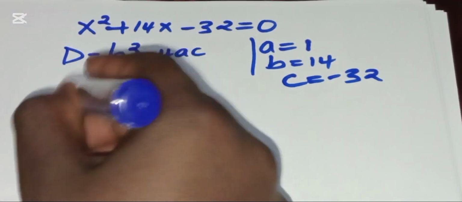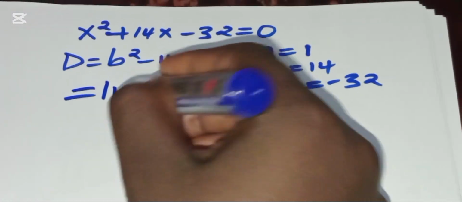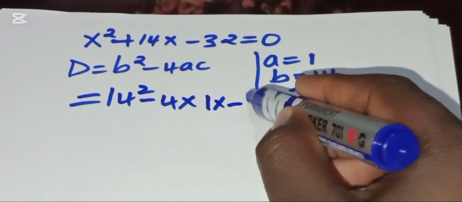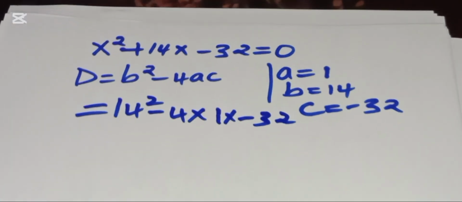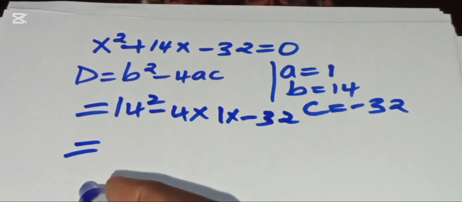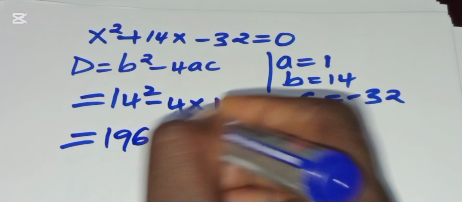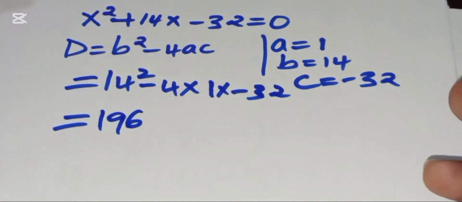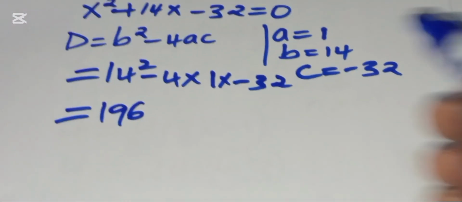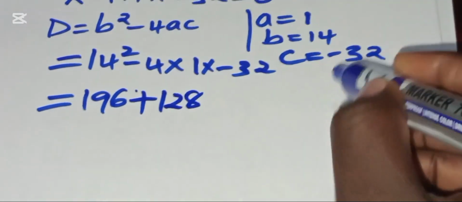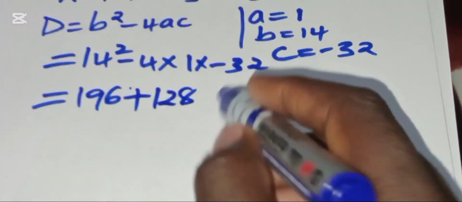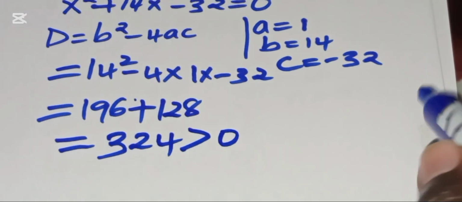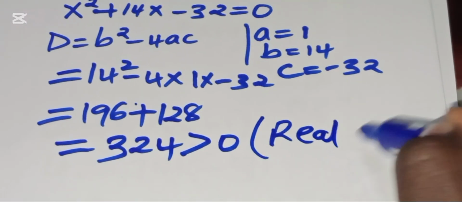We substitute: 14² − 4 times 1 times −32. 14² is 196, and −4 multiplied by −32 is 128, so plus 128. 196 plus 128 is equal to 324, which is greater than 0. That affirms that we have real roots.